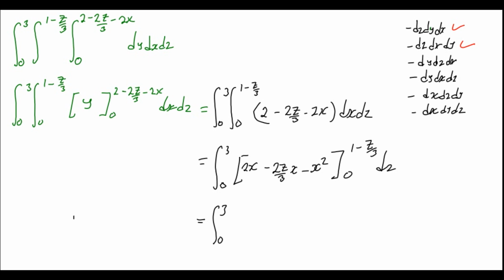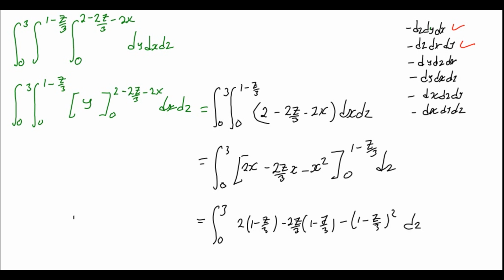So here we're going to say we have 2 multiplied by 1 minus z over 3, minus 2z over 3, open bracket, you have 1 minus z over 3 minus 1 minus z over 3 squared.